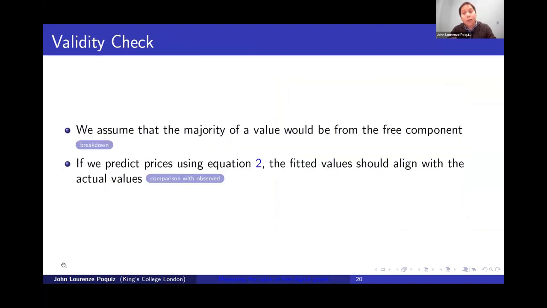We also want to know if our prediction model is satisfactory. So we predict the prices even with the inclusion of the premium components, and we want to see whether our predicted prices would be in line with at least the average of the observed prices.